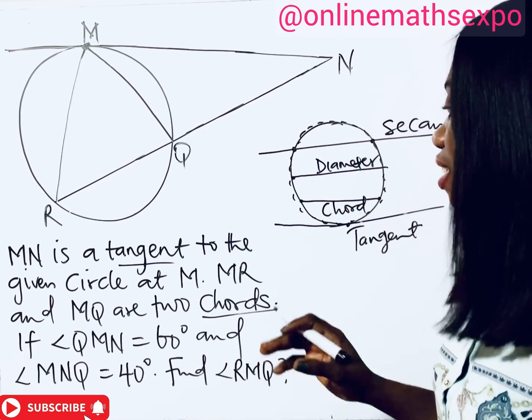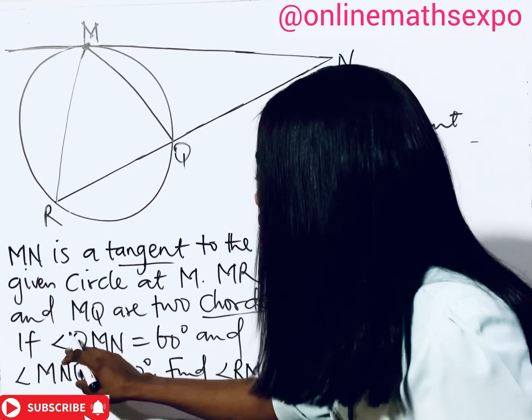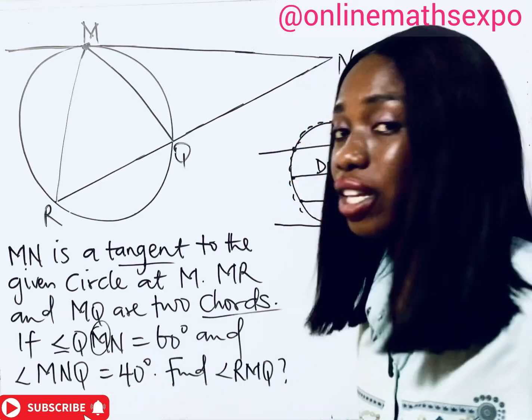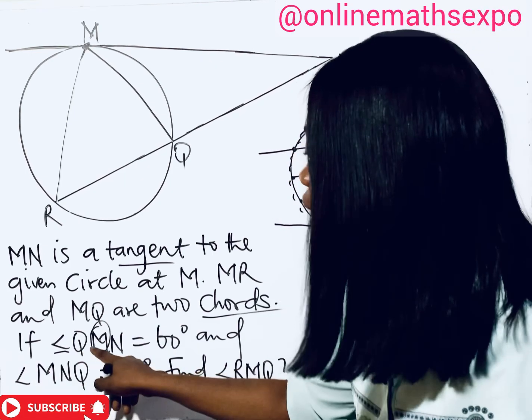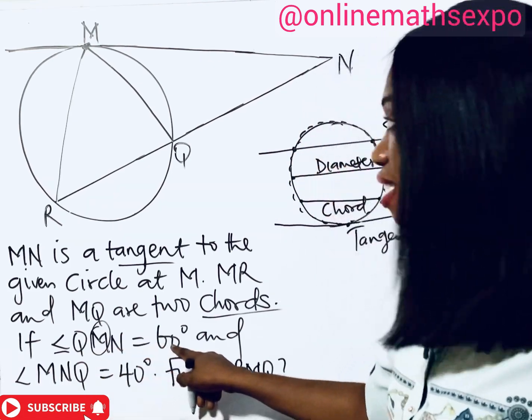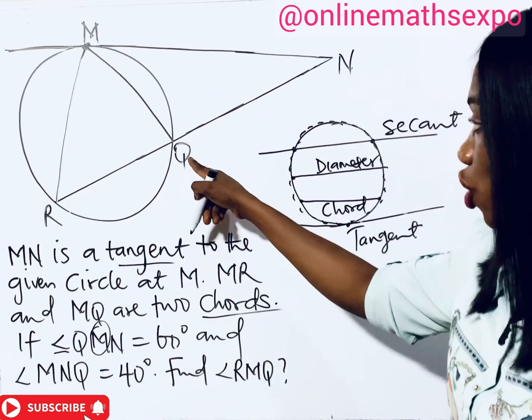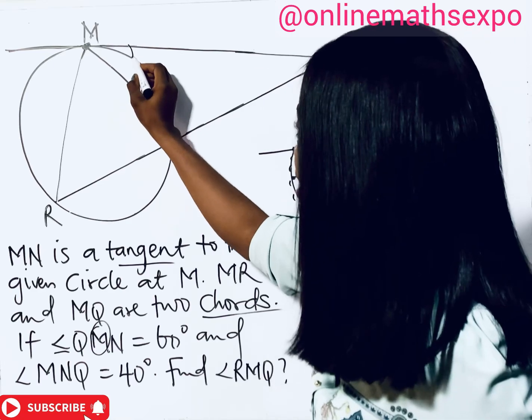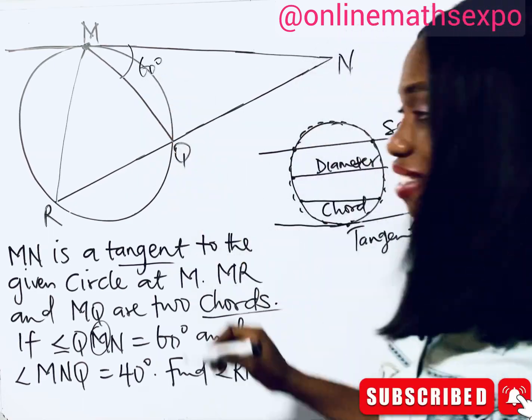Very interesting. Now, we are also told angle QMN, and when you have it this way, the angle is on the second letter. So angle QMN, that means angle at M, is 60. Go to the diagram. Q, M, N. Did you see? So this angle made at M here is 60 degrees.